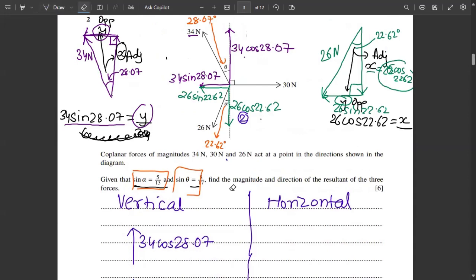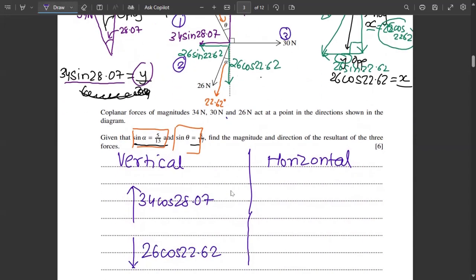Now, two forces are acting on the left and one force is acting on the right. So the force on the right is 34 sine 28.07. Another force on the left is 26 sine 22.62.